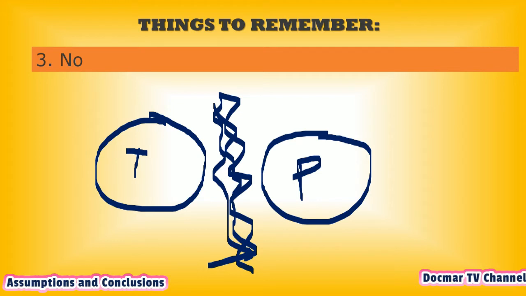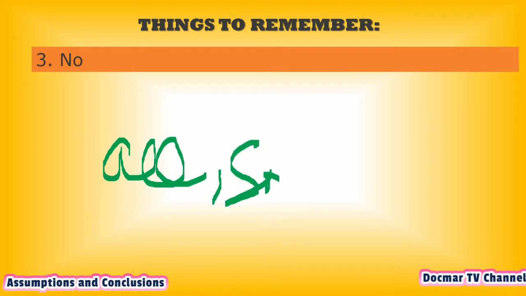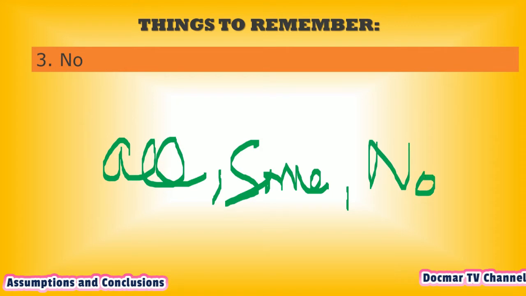So again, you can still remember what are the three important things to remember in this assumption and conclusion. Number one is all. So we have to remember this. Number two is some, and number three is no. I'll just be dealing with these three important words in our topic so that later, if we have some important words to remember in this topic, I'll just give you another video for it.